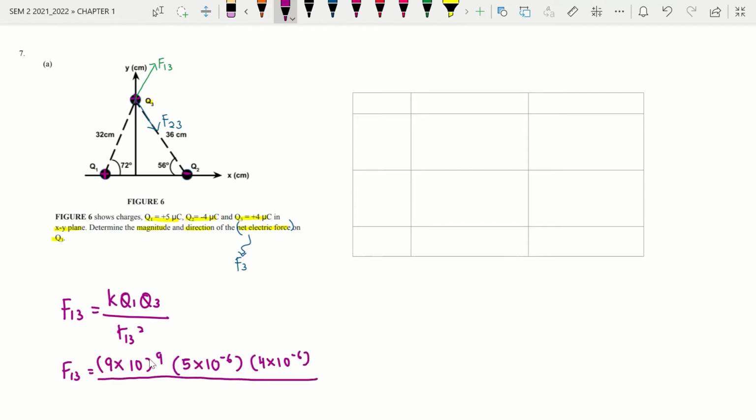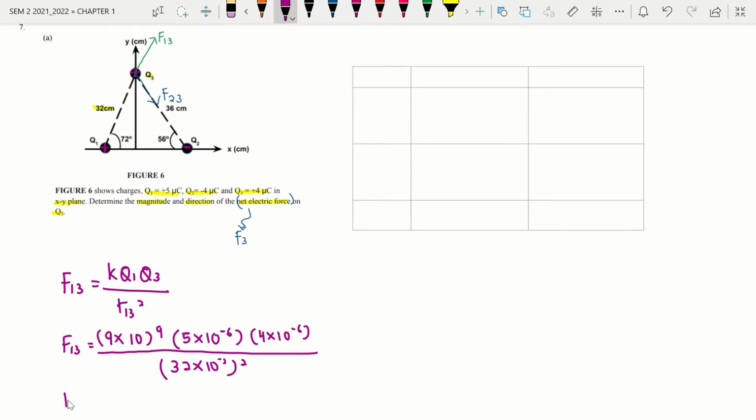And the distance between charge 1 and charge 3 is 32 cm. And I'm going to convert centimeter to meter, then I'm going to square it. So you will get your force of charge 1 on charge 3 is 1.76 Newton.